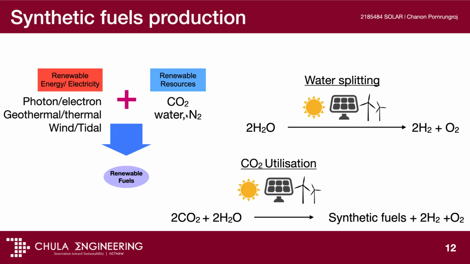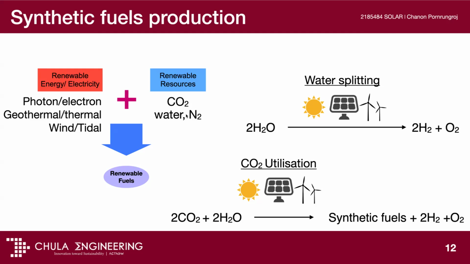So I give two examples here. One is the example of water splitting. So you can use solar energy to split water molecules. Water molecule is very stable, but if you activate it with a catalyst or with sunlight, it can be split into hydrogen and oxygen. And that hydrogen can be stored underground or in some tank for the long term.